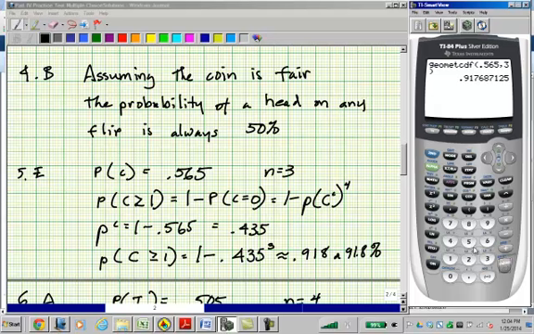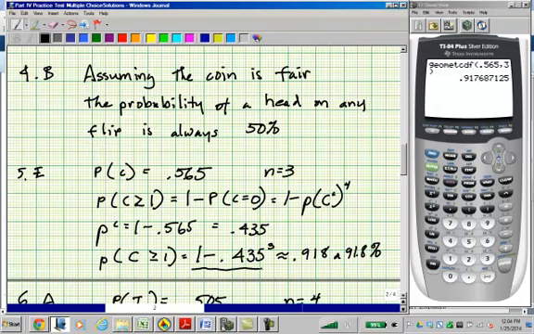So you can do this 2 different ways. You can either find the complement, which is 1 minus 0.565, and then subtract from 1 the probability that all 3 households do not have the computer, which will leave the probability that at least 1 or 2 or 3 households have the computer.